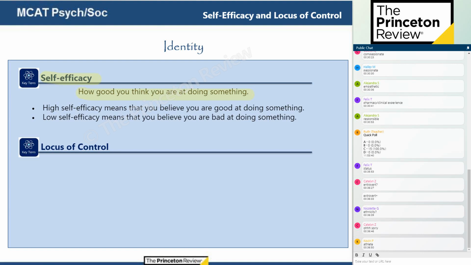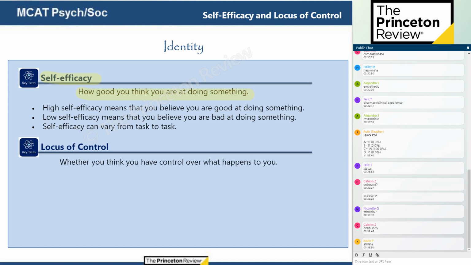When you have low self-efficacy, that means not so much. And self-efficacy can vary from task to task. So for instance, I think I have pretty high self-efficacy when it comes to teaching, facilitating learning, that kind of thing. I am in the not so much category when it comes to my athletic ability.